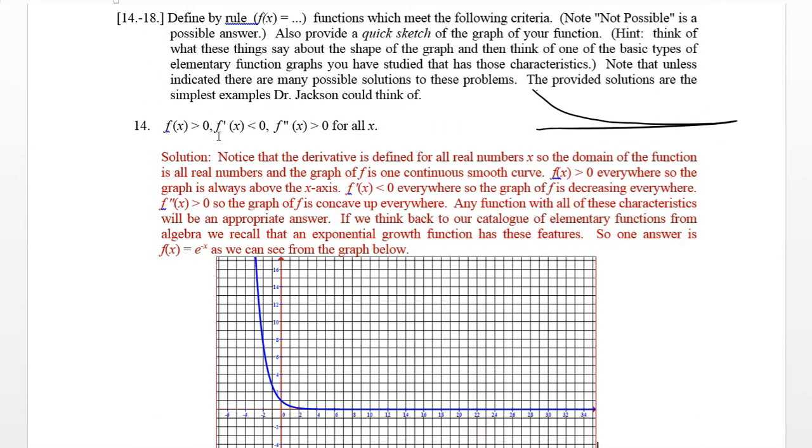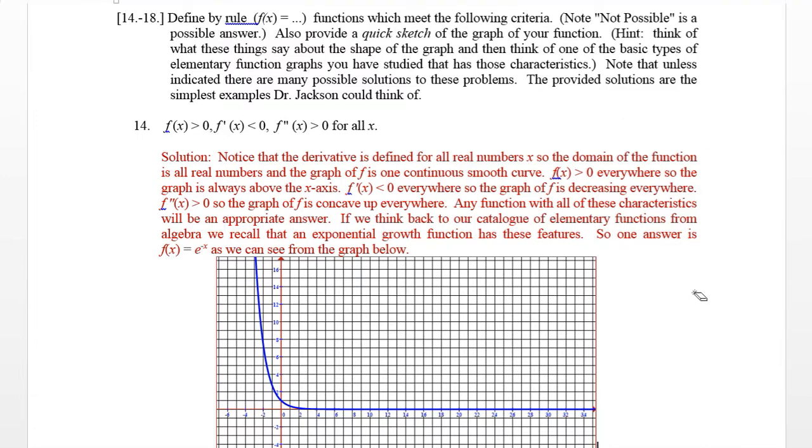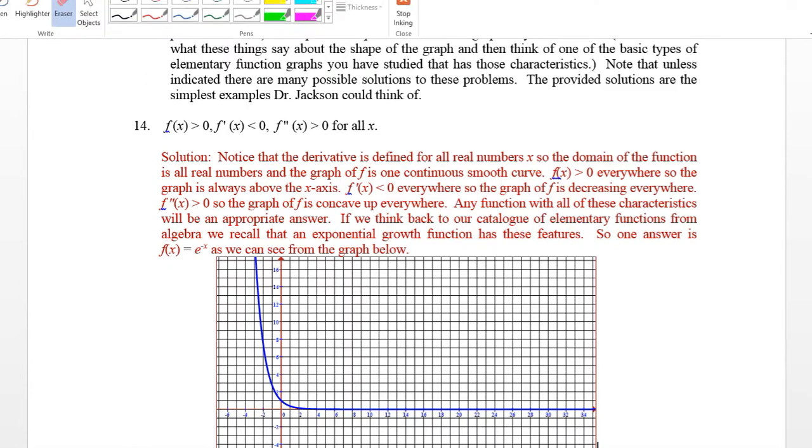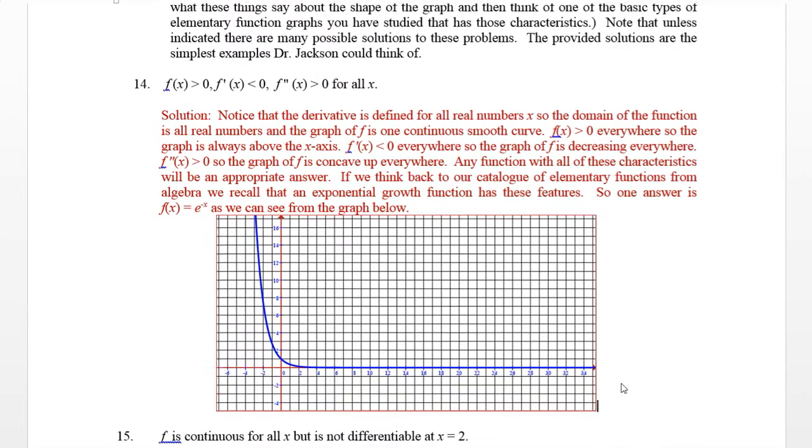That's what this first part says. The second part says the derivative is always negative, so that the function is always decreasing. And the second derivative is always positive, so the original function is always concave up. So if you put that together, then you end up with something like what we have here. Okay?